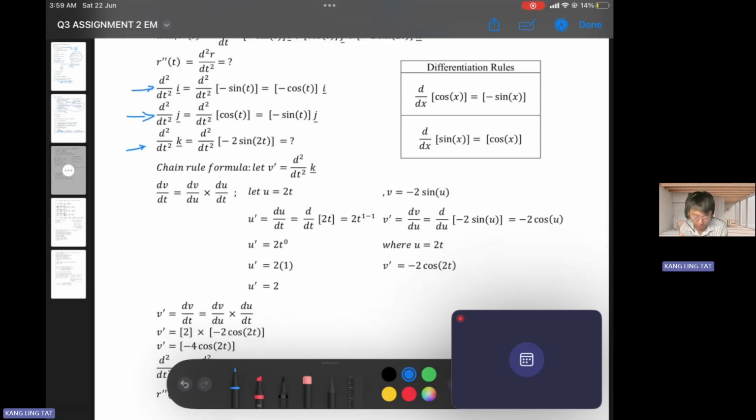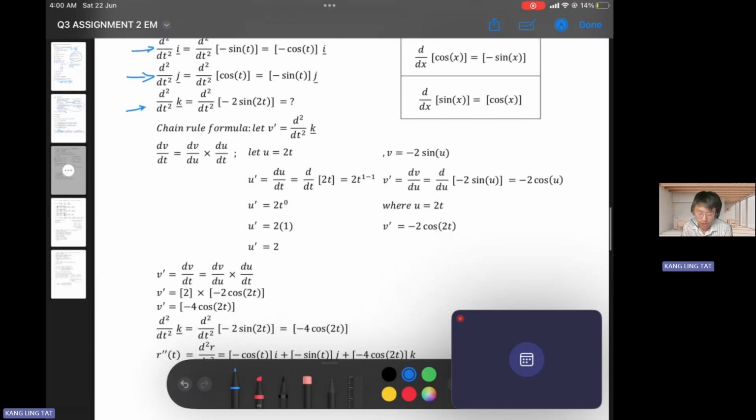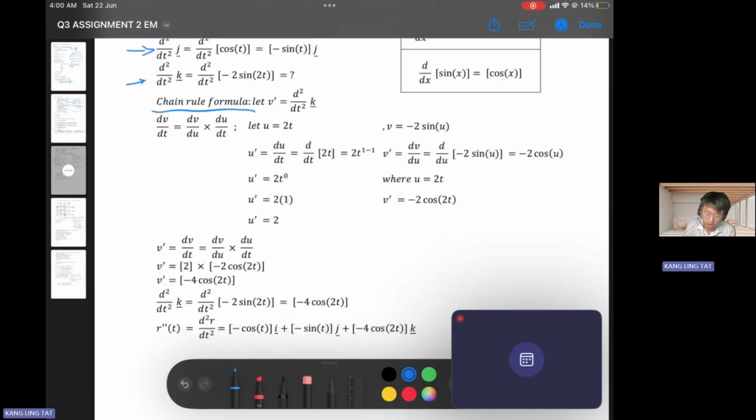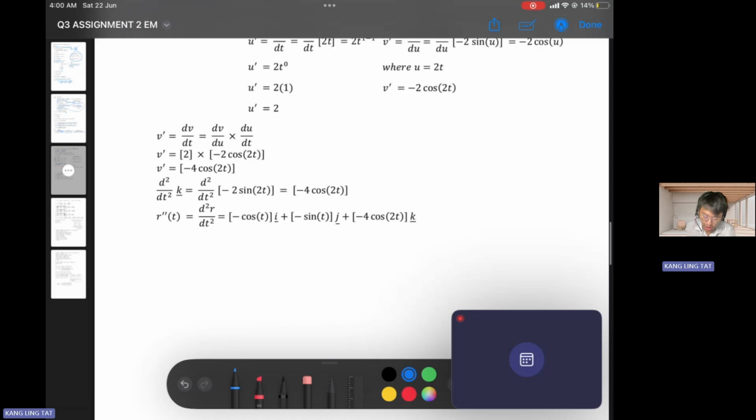Whereas for K, the second derivative of negative 2 times sine 2t is going to be the same as in question 3A, because we are applying the chain rule formula. So it's going to be the same thing, and I'm going to go a bit quicker. At the end of this, we get negative 4 cos 2t.